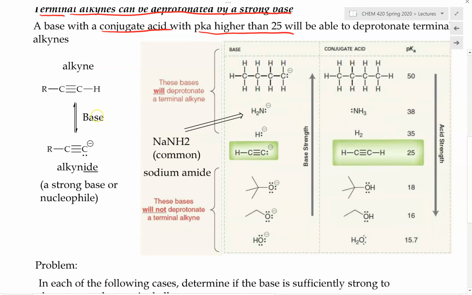So let's say we have a base that is strong, whose conjugate acid has a pKa of 25 or higher. This base will be able to come in and pick up this hydrogen as a proton, and the electrons are then donated to this carbon.